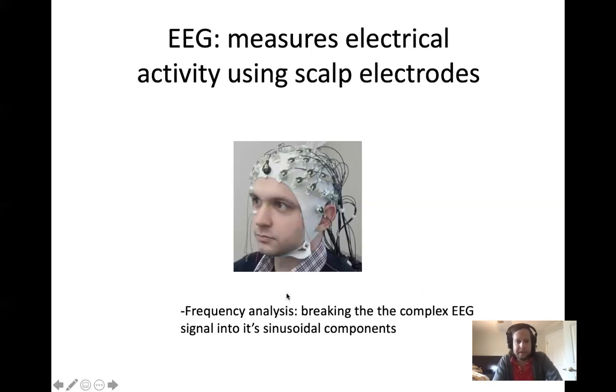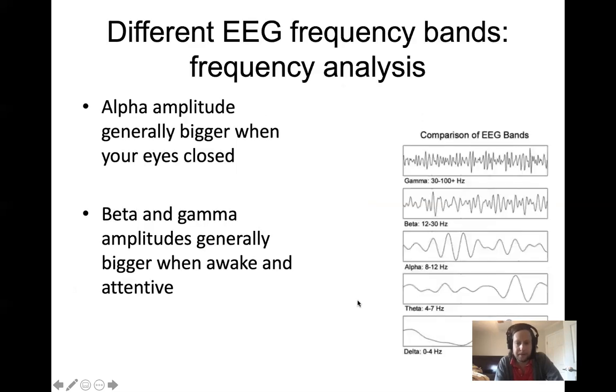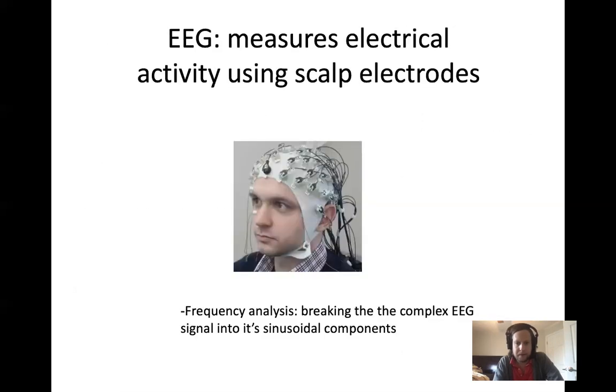So this is definitely a technique that I'll be talking about frequently throughout the course. And I wanted to talk about the two ways of approaching data analysis with EEG. One is called frequency analysis. In frequency analysis, each electrode on the person's scalp is measuring electrical activity.